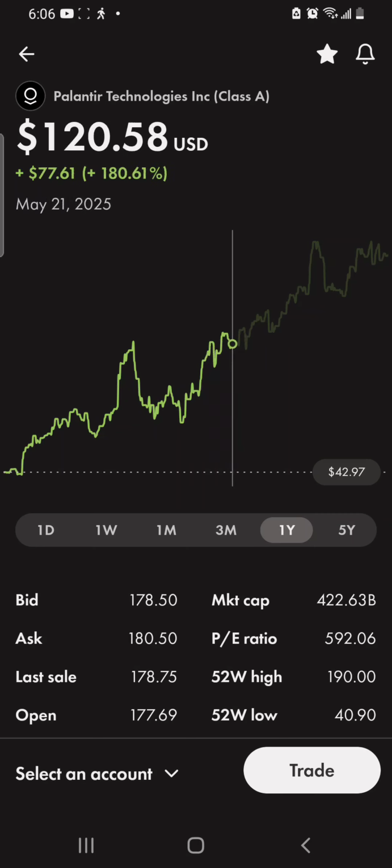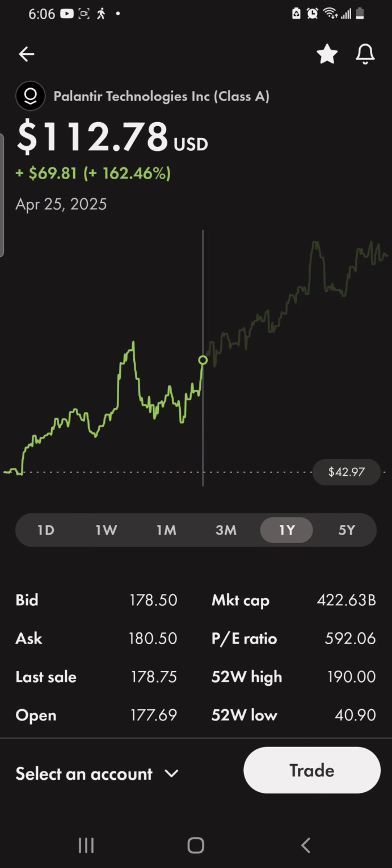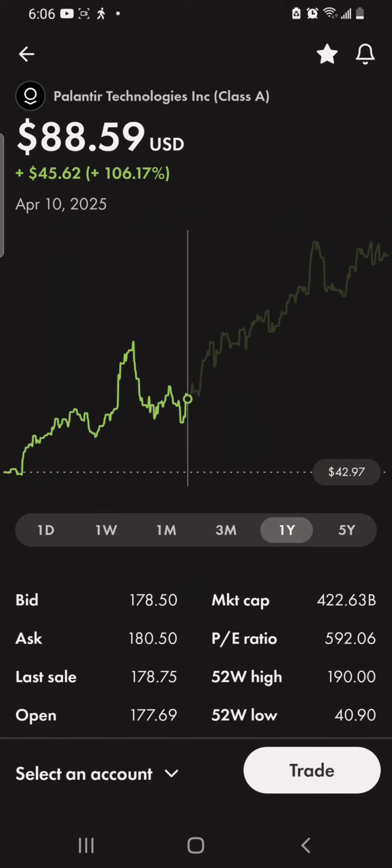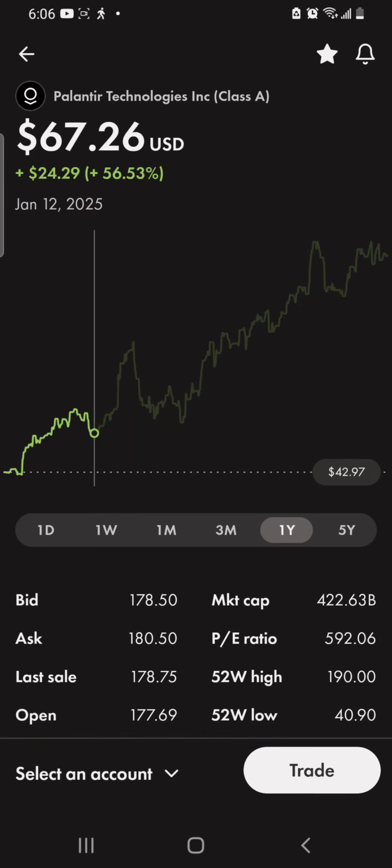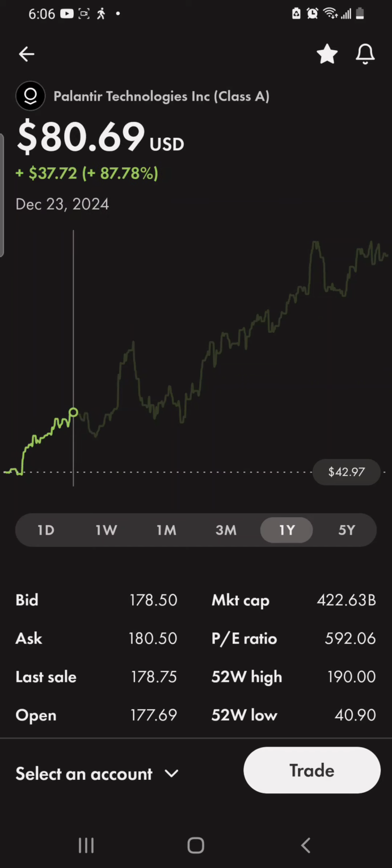When it's down, like 1 year from this date, let's go back to December 2024. As you can see, this stock was $80 in 2024. I remember when it was $80, I reached out to all my friends and family and I was telling them, let me know when you are not busy so I can share something with you.